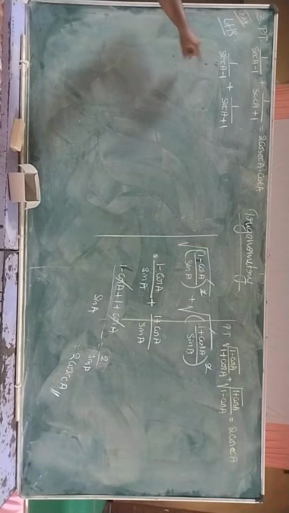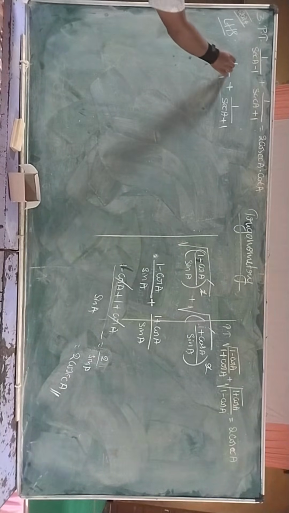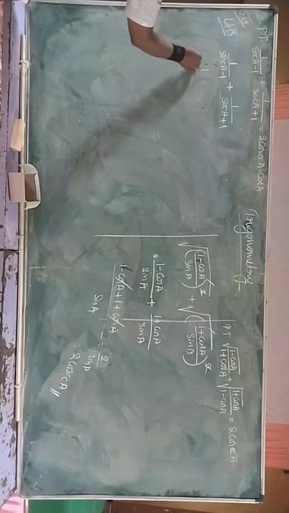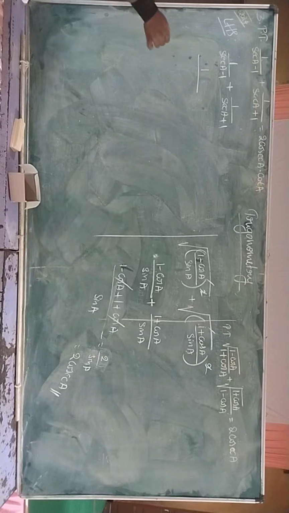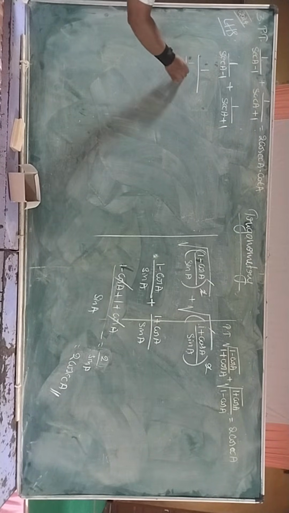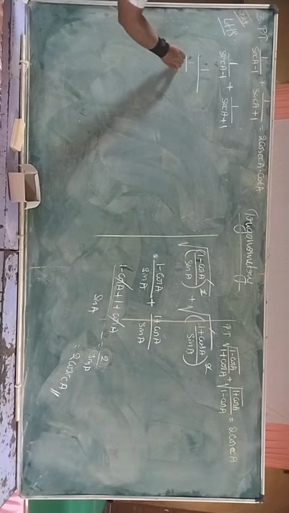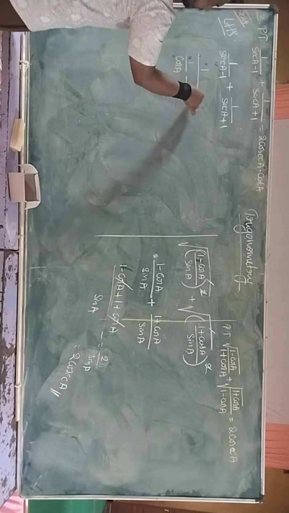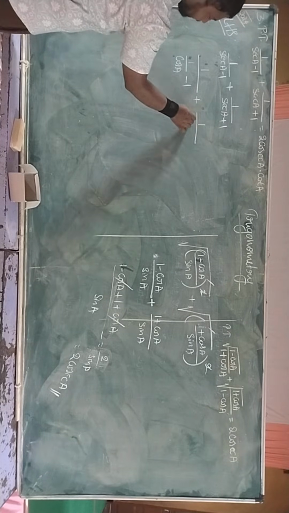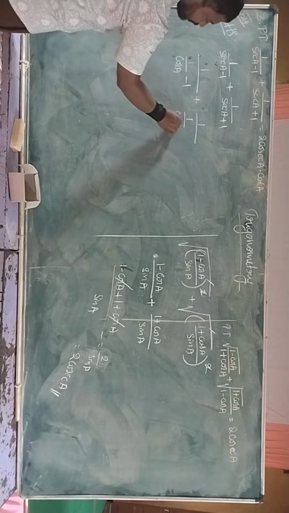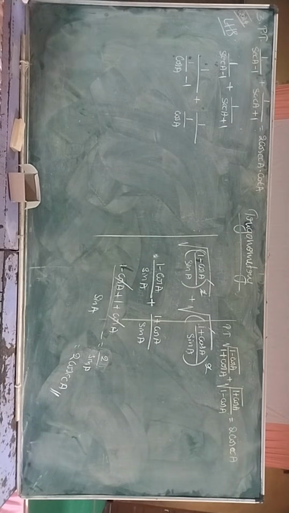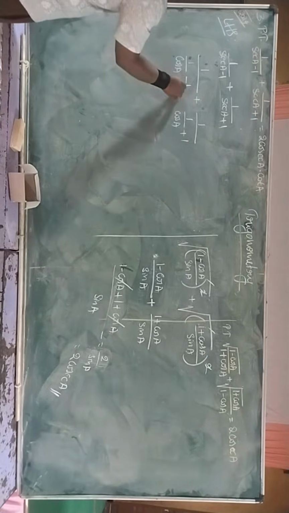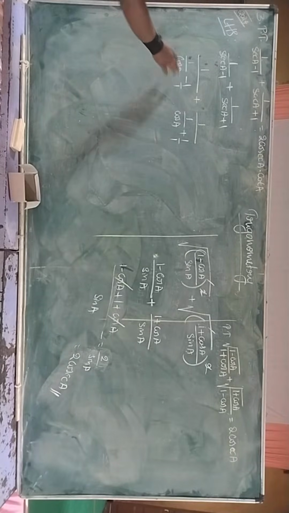Correct? So first what we do: this 1 is in the numerator, write as it is, and sec A minus 1 is in the denominator. Sec I will write as 1 upon cos A, so 1 upon cos A minus 1. Similarly, the second term, sec A, I can write in the form of cos: 1 upon cos A plus 1. So the denominators are cos and 1, cos and 1.